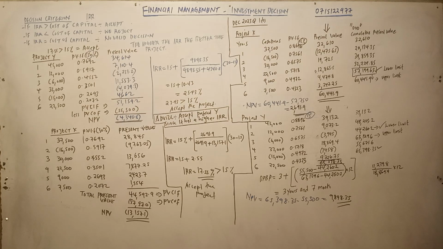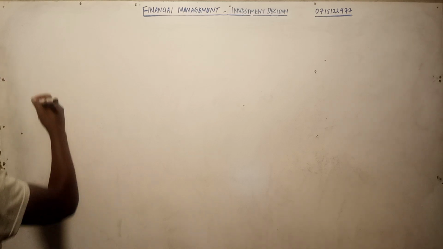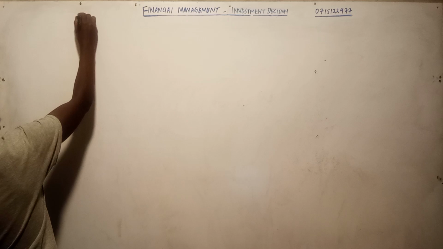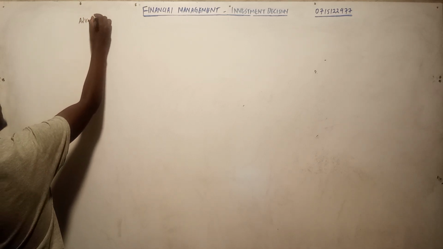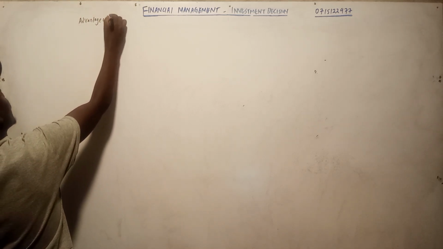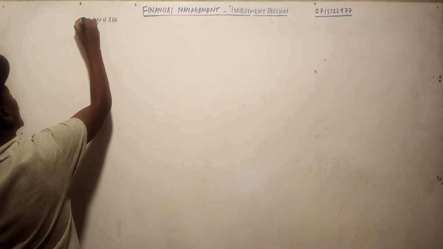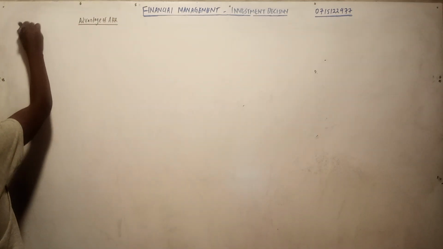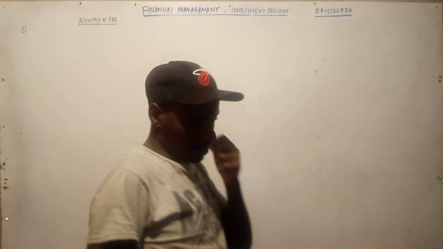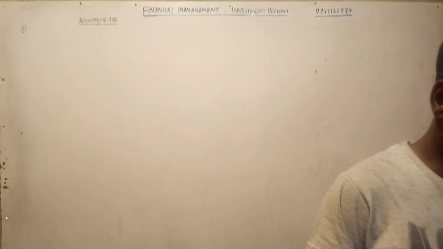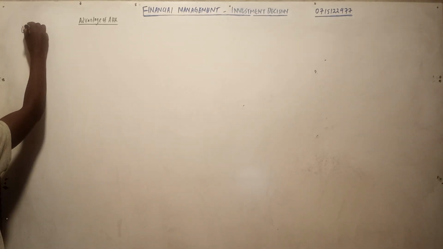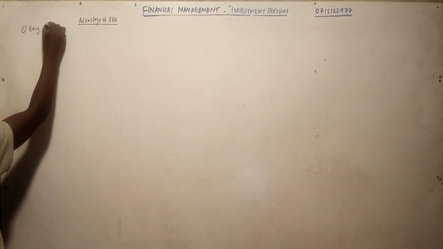We start with the ARR, the accounting rate of return. Number one, it is easy to calculate.